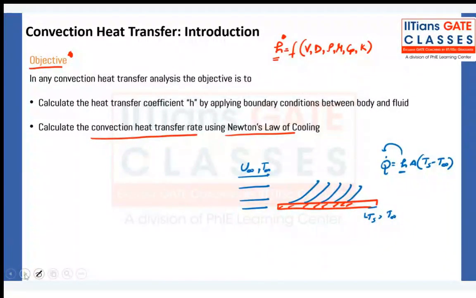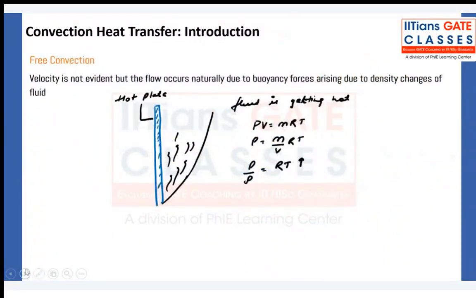Chalo. So whenever the temperature is going to increase, the density is going to decrease. If density is going to decrease, then the fluid will move upward. So usually velocity is not a very significant factor. Heat transfer is not happening because of velocity, it is happening because of movement, and the movement is due to density change.